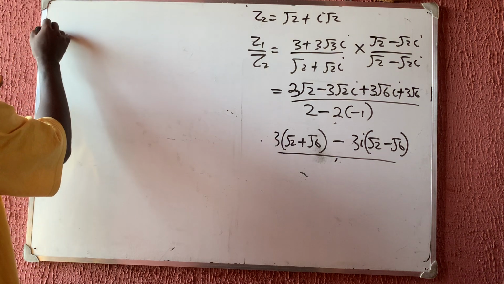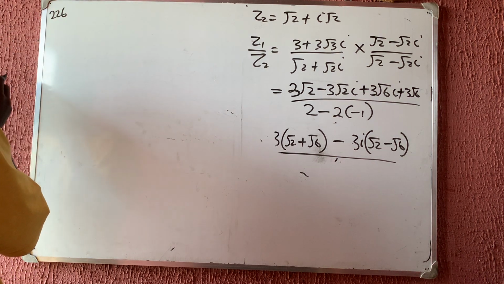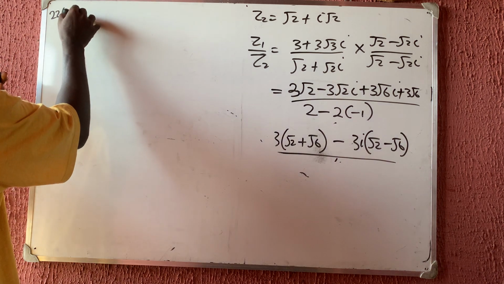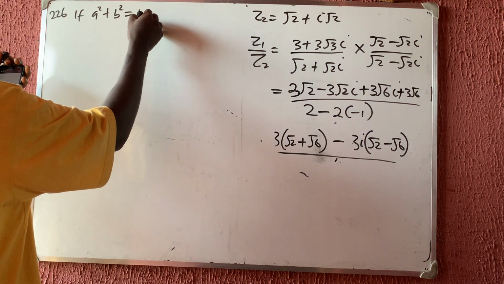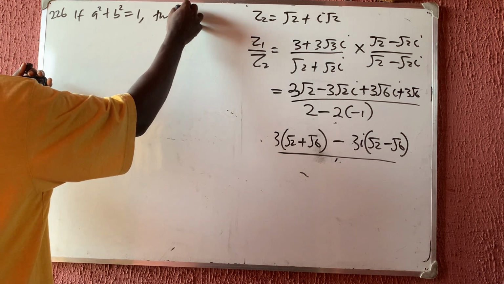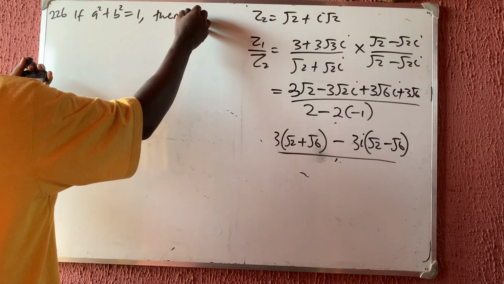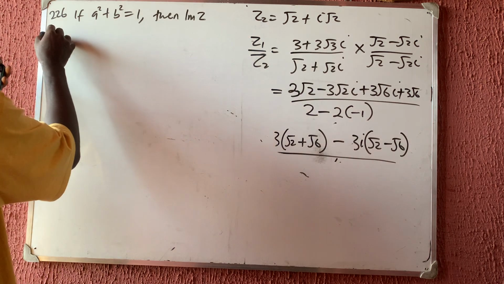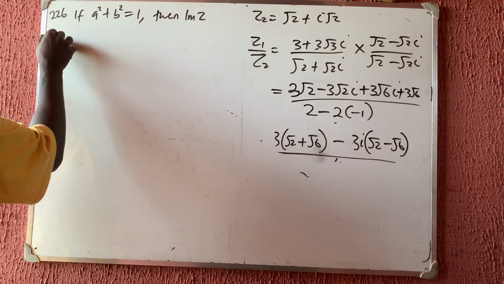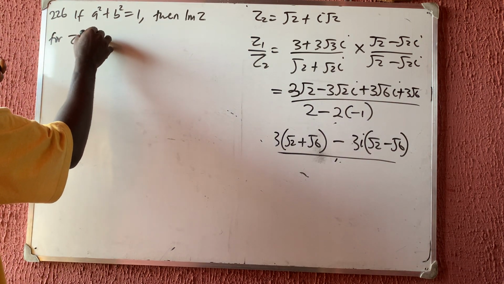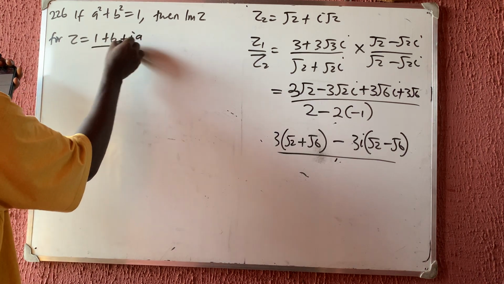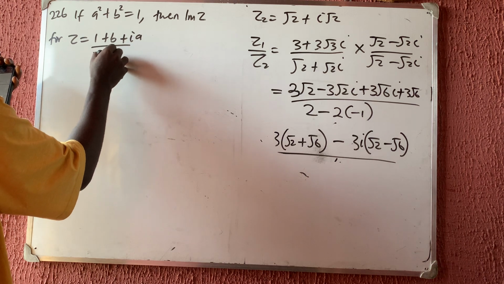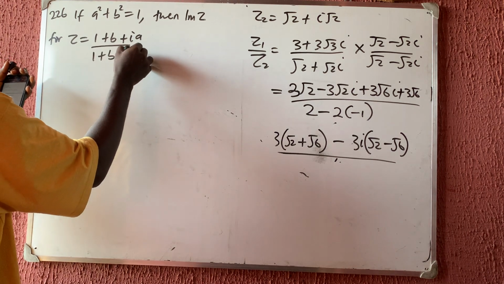Okay, there is no 225 but 226. Question number 226 said that if a squared plus b squared is equal to 1, then we should find the imaginary part of z, for z is equal to (1 plus b plus ia) all over (1 plus b minus ia).